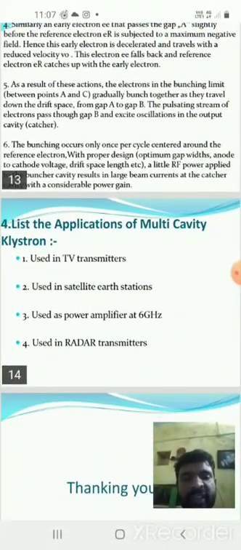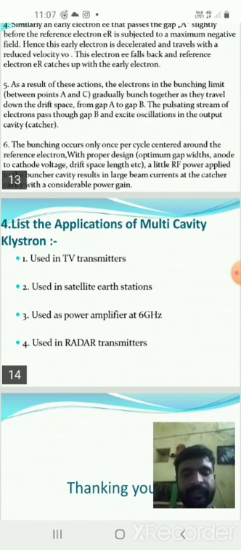And the last topic is to list the applications of the multi-cavity klystron. These multi-cavity klystrons are used in TV transmitters and in satellite earth stations.